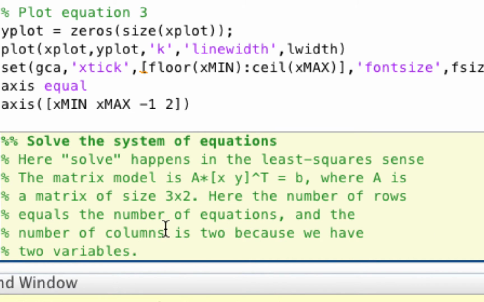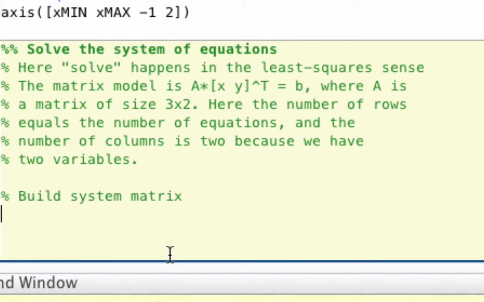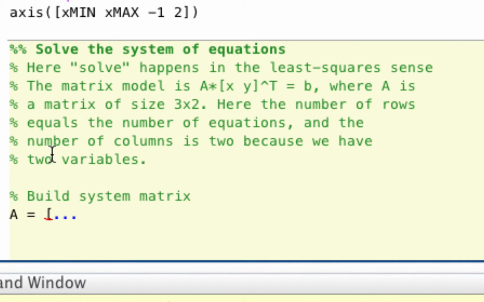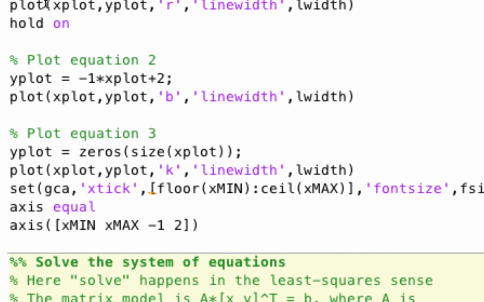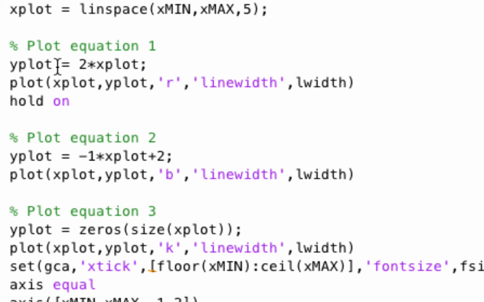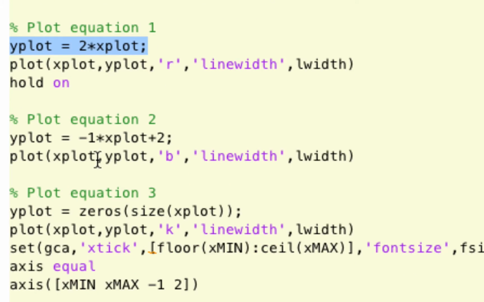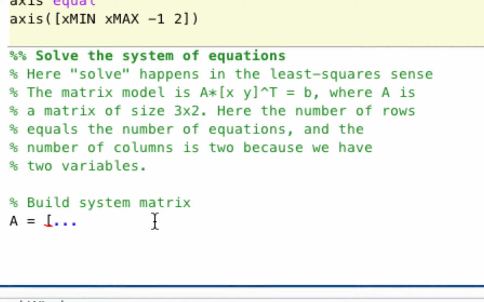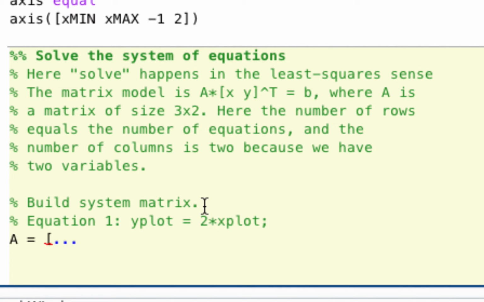Okay, so we have our matrix model, so we have to build our system matrix. So we need to see what happens. So each equation has 1 row. So let's look at our equation 1. So let me copy this one down here. Equation 1 is this one.